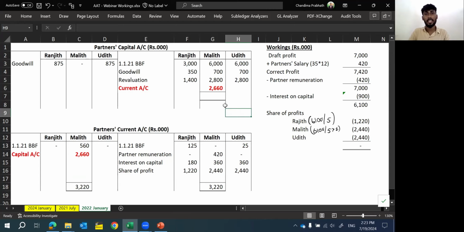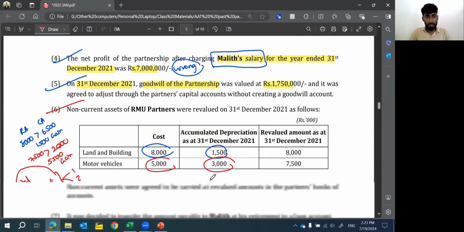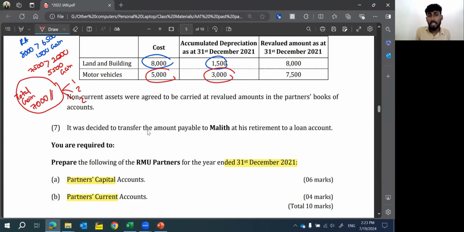Then if we pay in cash, we need to credit cash and debit the capital account. But here, nothing is going to be paid in cash. Therefore, they have mentioned it was decided to transfer the amount payable to Malit at his retirement to a loan account.